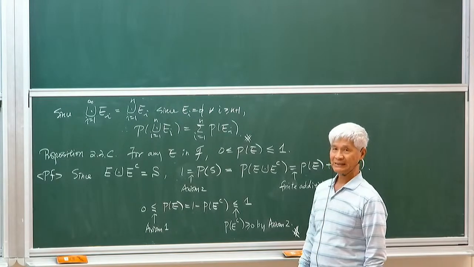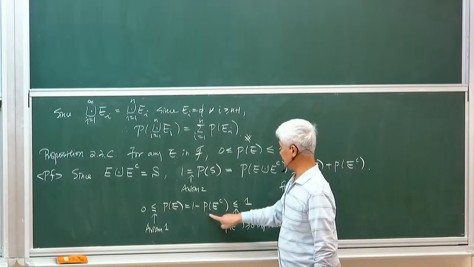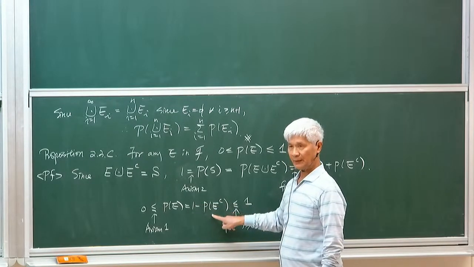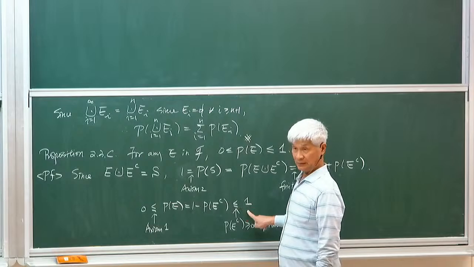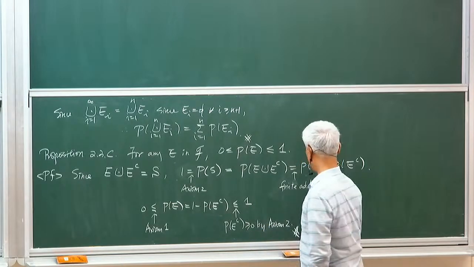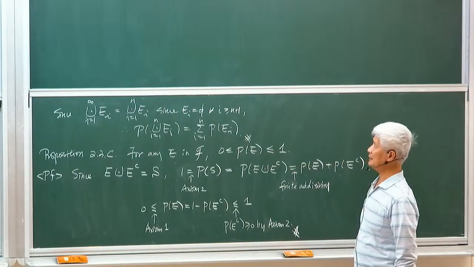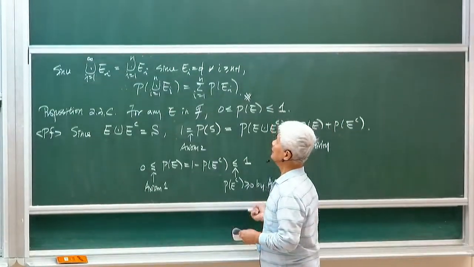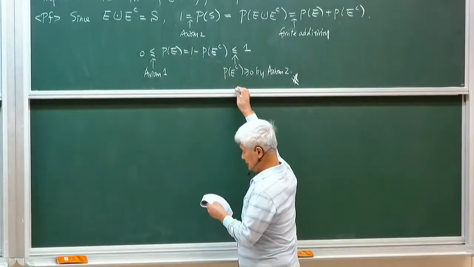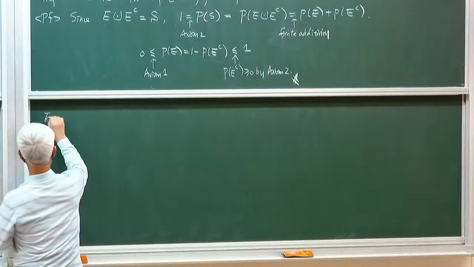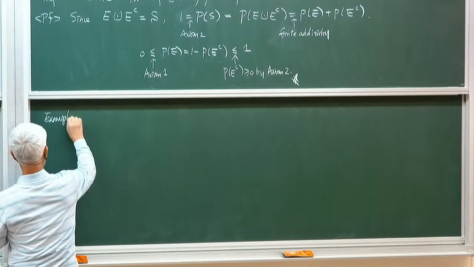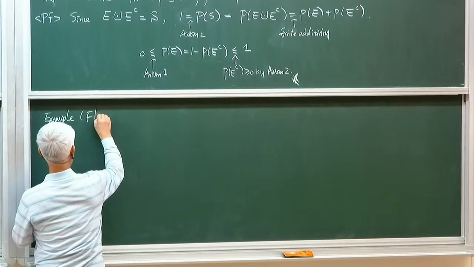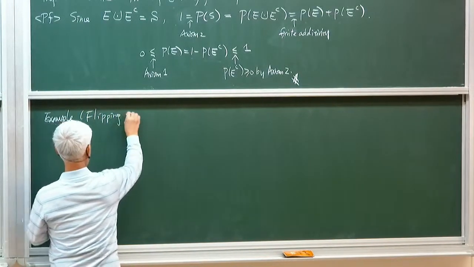Because this one is non-negative, so 1 minus something which is non-negative should be less than or equal to 1. Okay, so this is the third proposition we have. Now we check 2 examples. This one is about flipping 2 coins.